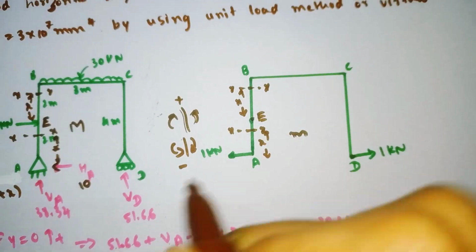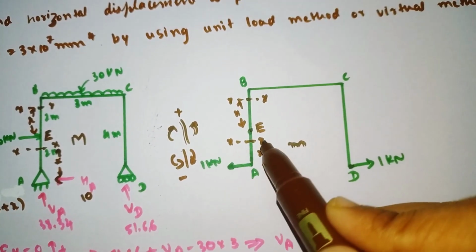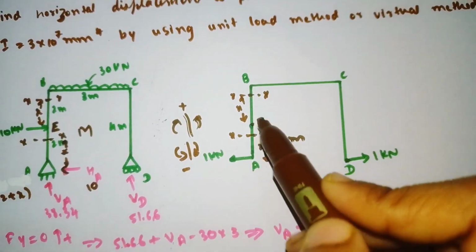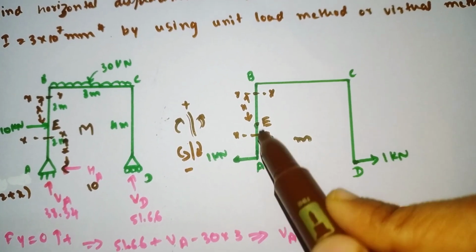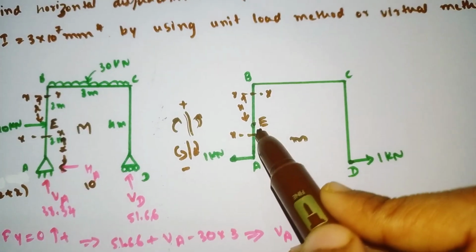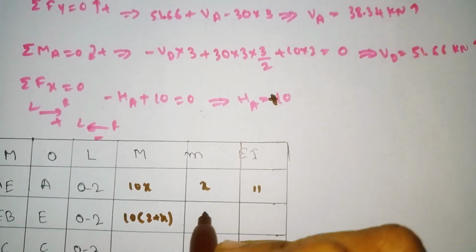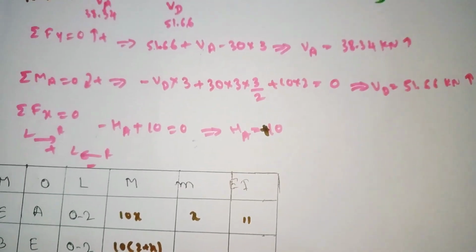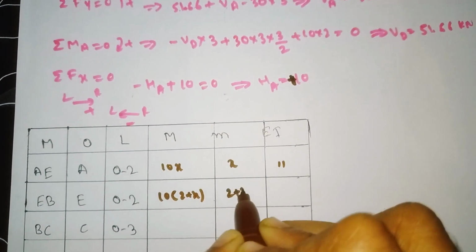Here to here is 2 meter. So 1 into 2 plus x. This is x, from here to here is x and from here to here is 2. So 2 plus x is the distance at which it is acting. So our m will be 1 into 2 plus x, which is nothing but 2 plus x.